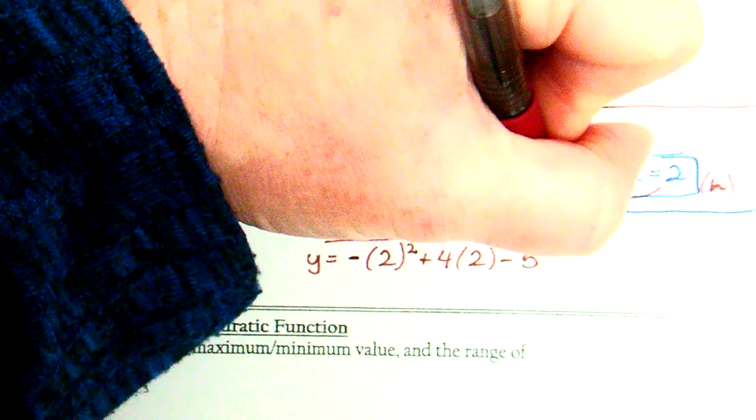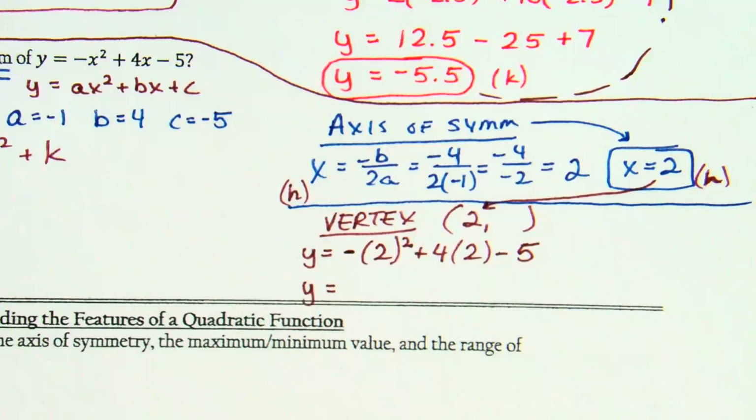Notice how I said it at the time as the negative of 2 squared. So you're doing the negative of whatever x squared is, when that negative is in front of the x squared. So what is 2 squared? 4. So what's the negative of 4 then? Negative 4.